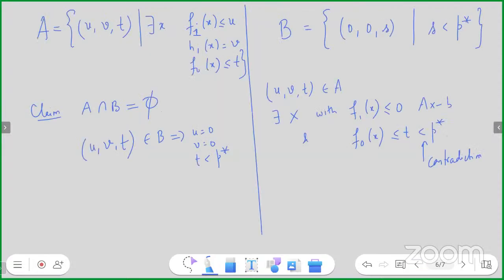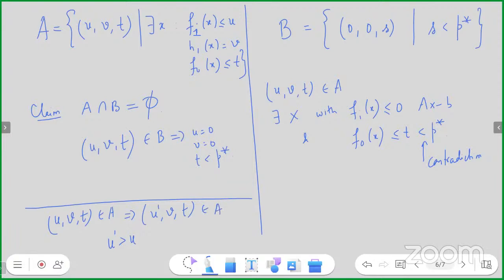Okay, what are you saying? U dash, V dash, T dash, what is this? Anything for which U dash is greater than U. Yes, this also belongs to the set. Okay, so that is true.